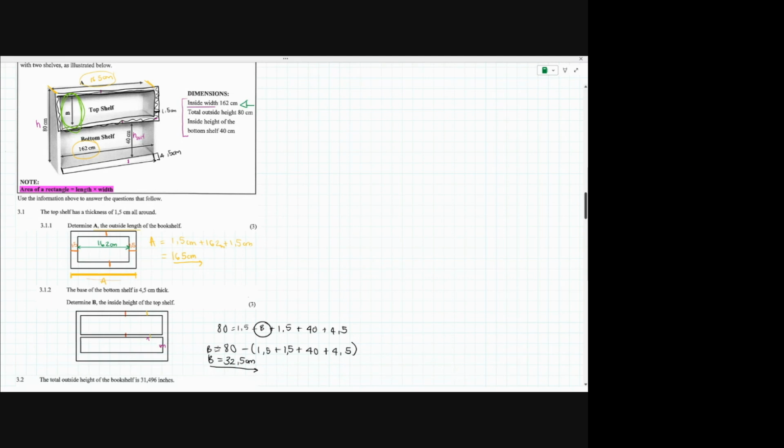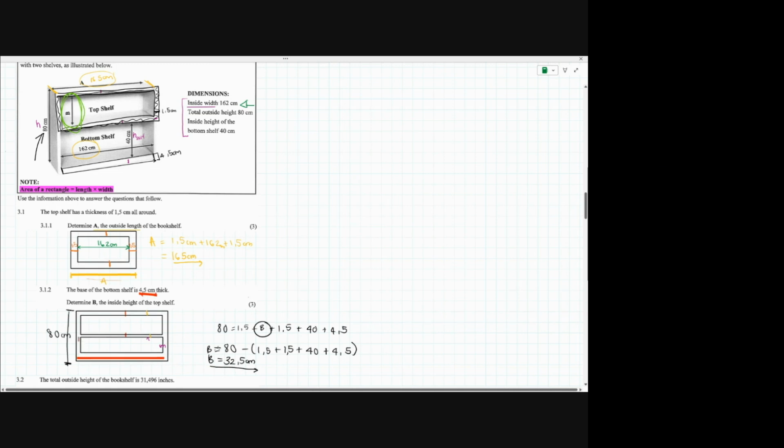Okay, so what we know, and I will try and make my handwriting clear, from this diagram at the top, we know that from top to bottom on the outside of my bookshelf, that is 80 centimeters. So what we need to remember is that this includes the base thickness at the bottom, which we were told is 4.5 centimeters thick.